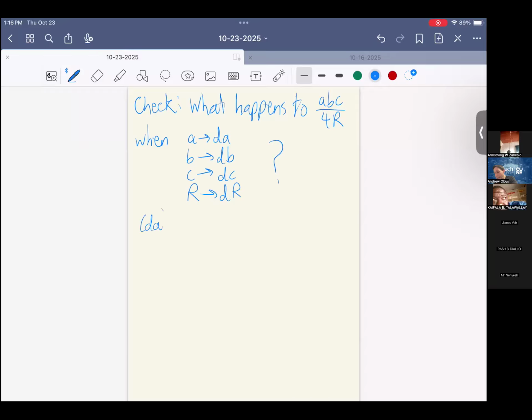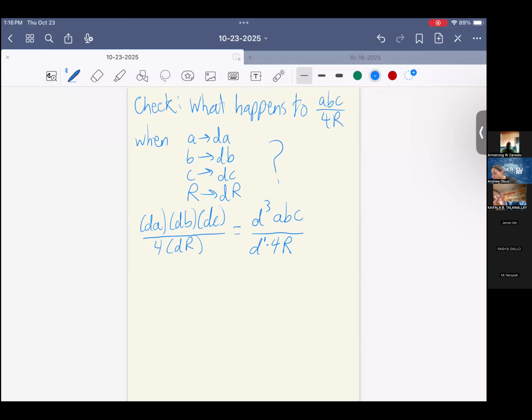We get DA, DB, DC divided by 4 DR. And if you collect all of the D's, this is D cubed ABC in the numerator divided by D times 4R in the denominator, otherwise known as D to the 1.